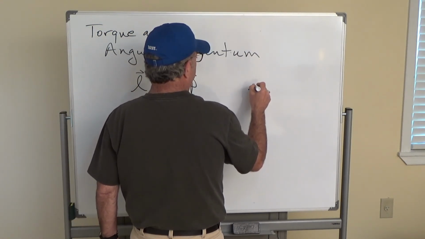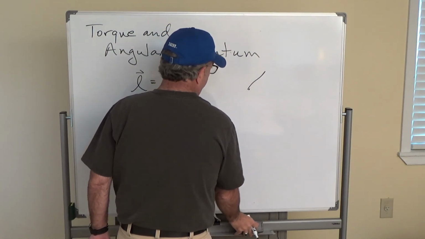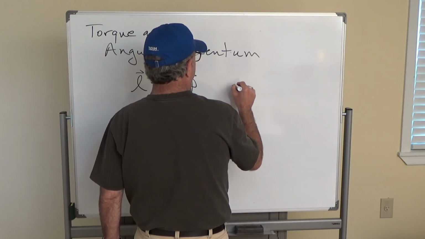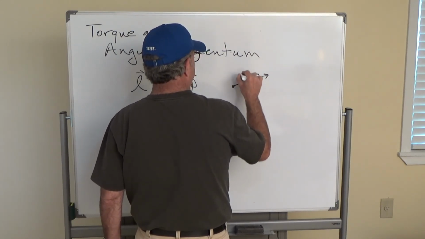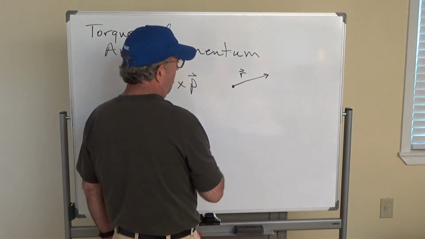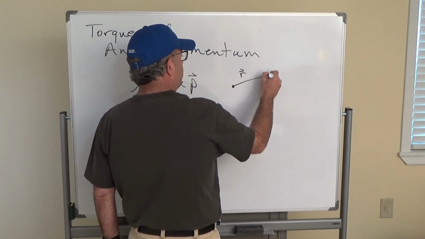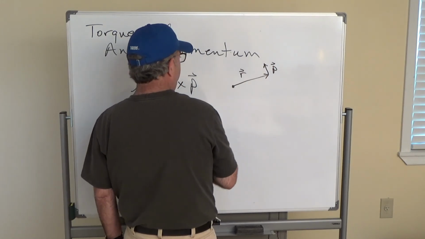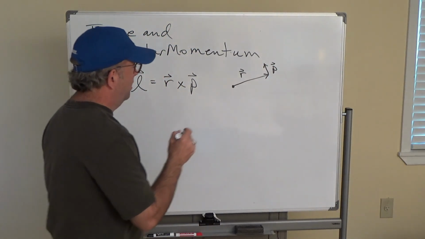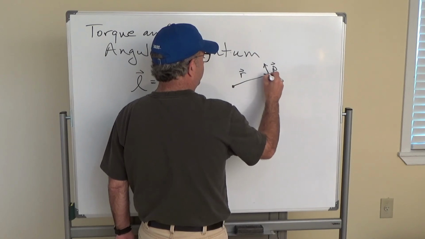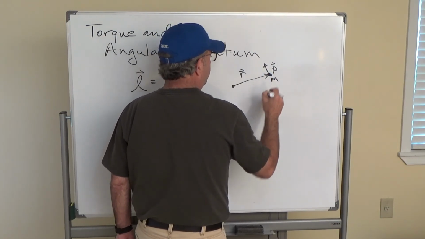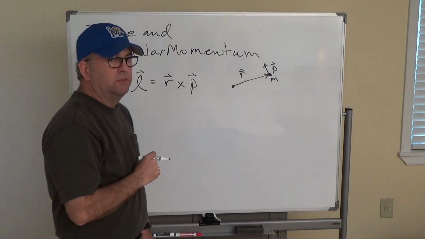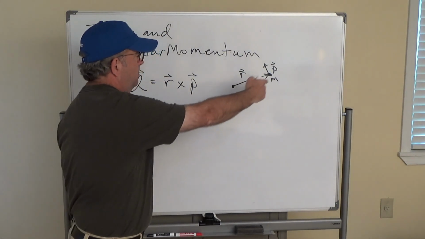Here's an axis. Here's that position vector R. Here is the momentum P. This object here is a little massive object rotating around some axis.